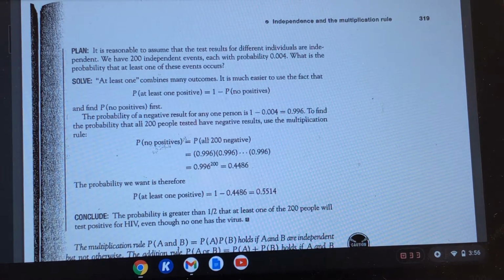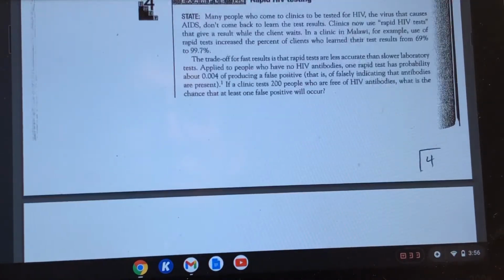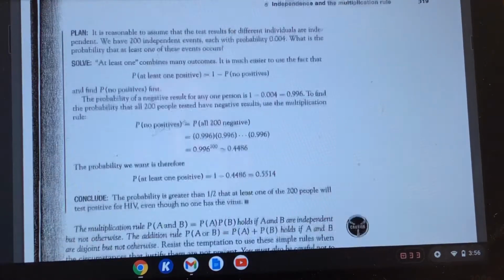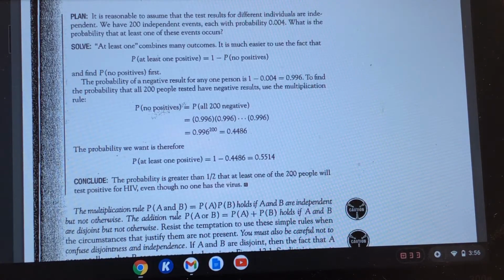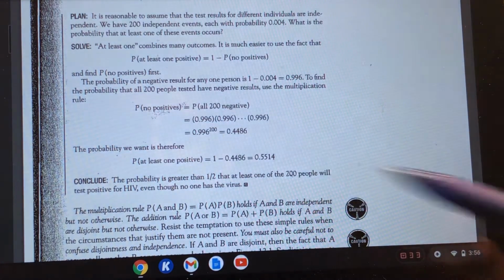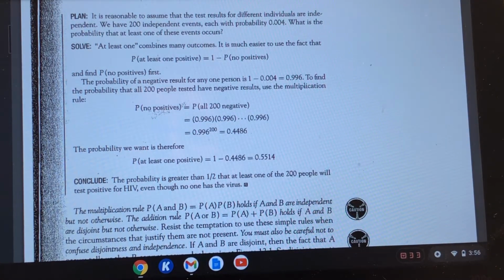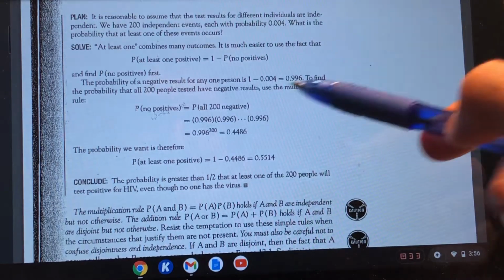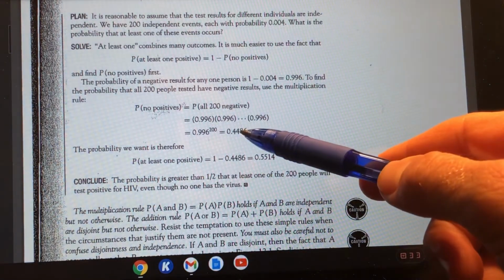here. So the probability that no false positives occur means, if the probability of a false positive is 0.004, the probability of not getting a false positive is 0.996. You want that to happen 200 times. So the chance that you don't have a false positive is that.